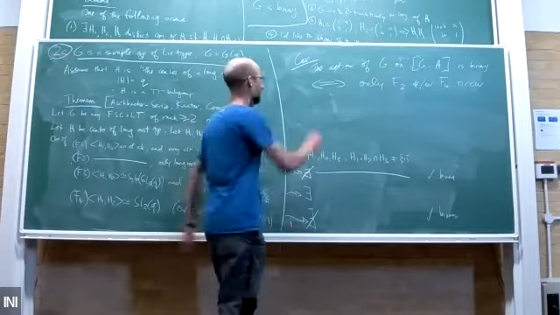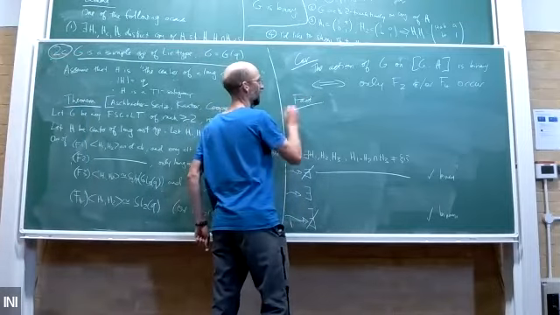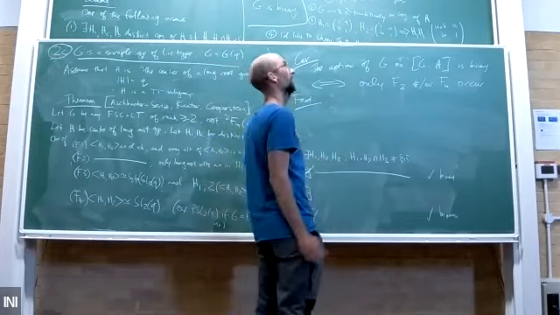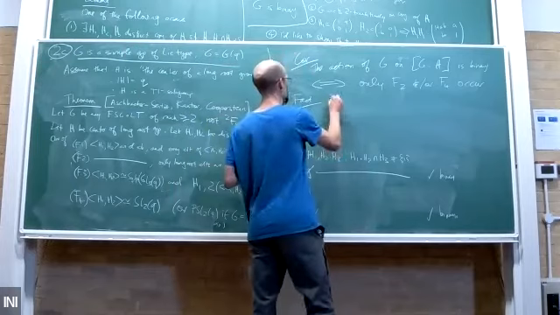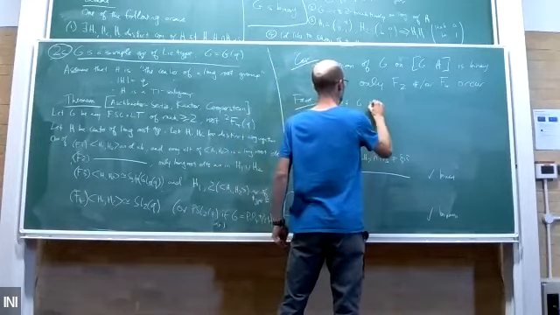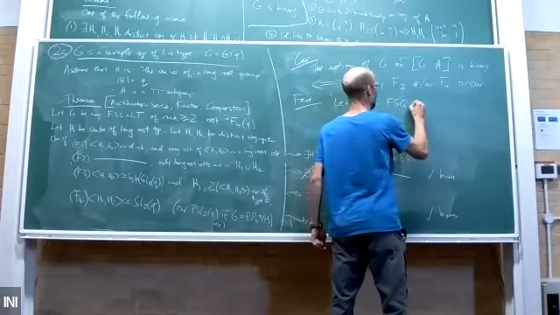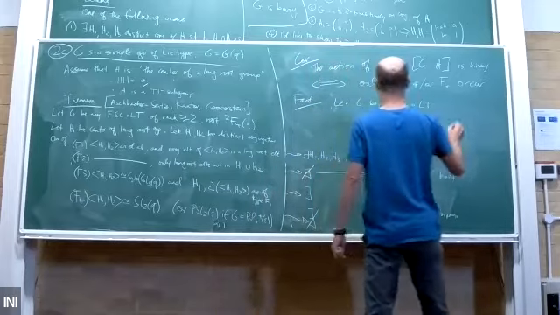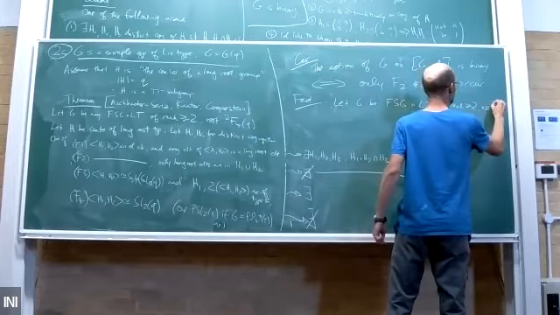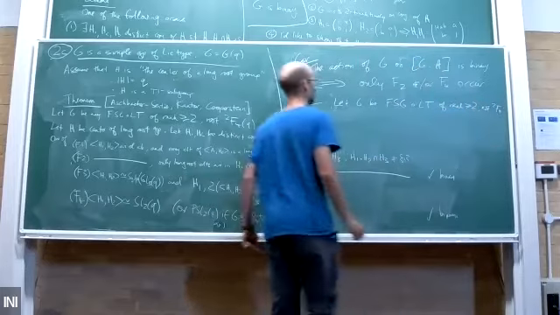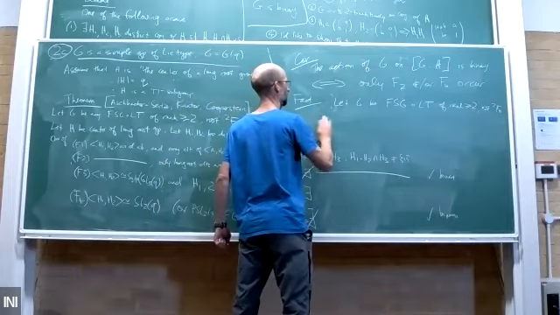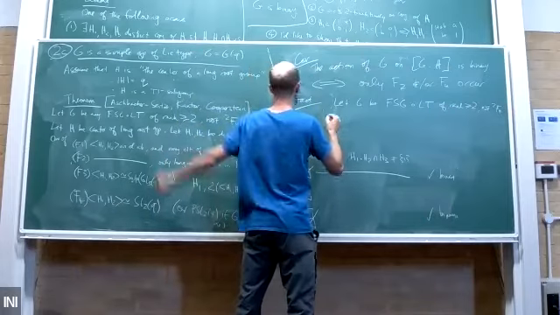Okay, and now here's a fact. Let G be a finite simple group of Lie type of rank greater than or equal to 2 and not 2F4. Then let H be the same as before.